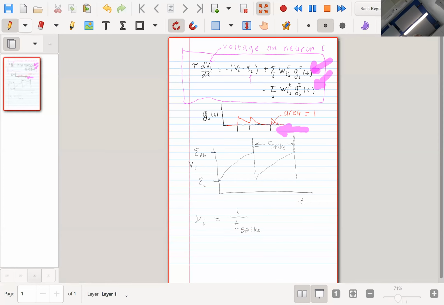And what we really want to get is a sense of how big the firing rate is as a function of the firing rates of the other neurons in the network. The key observation is that W_ij^E, if you remember, was approximately equal to tau, the membrane time constant, the same tau that appears in front of our equations, times the size of an EPSP.